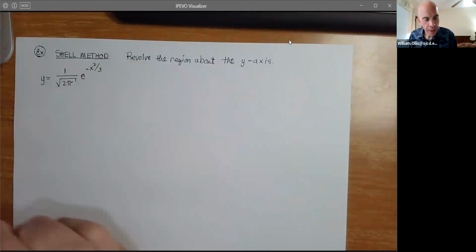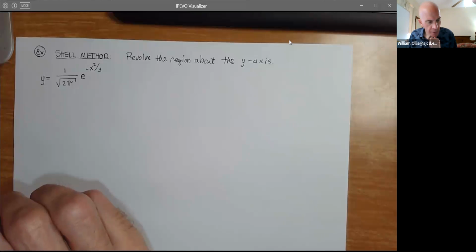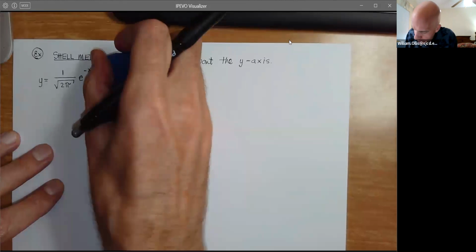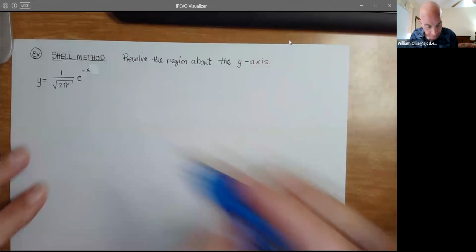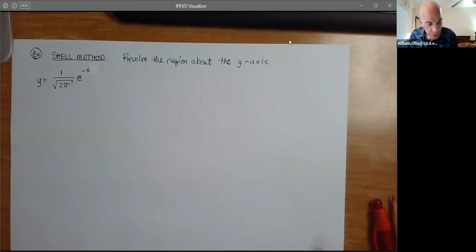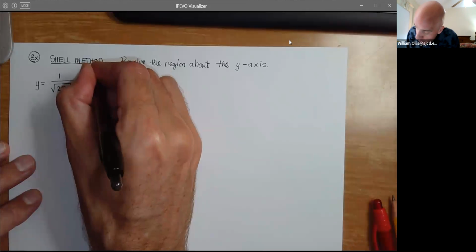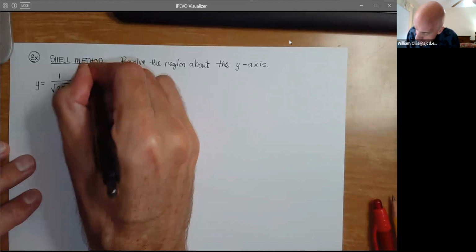Now, again, let me check this. Oh yeah, let me make sure I've written this well. That's poor. I got a little bit sloppy with my notation. Yeah, this is a negative x to the 2/3 power. I wrote the 3 a little bit too large. That's negative 2/3.